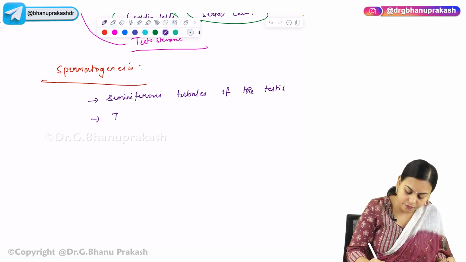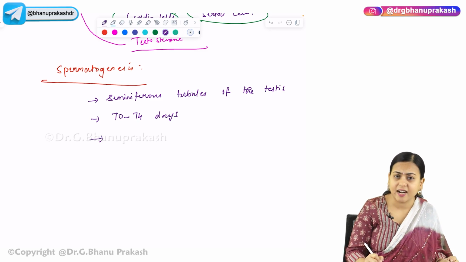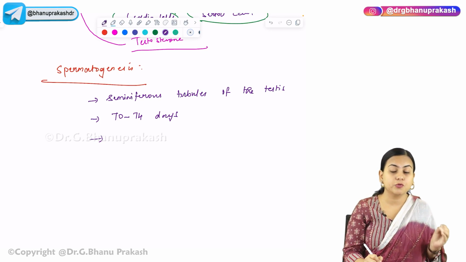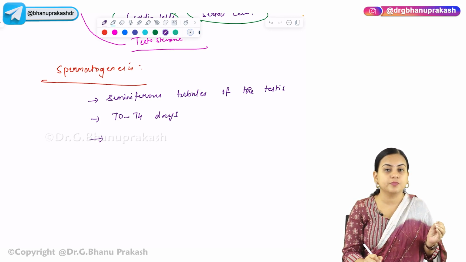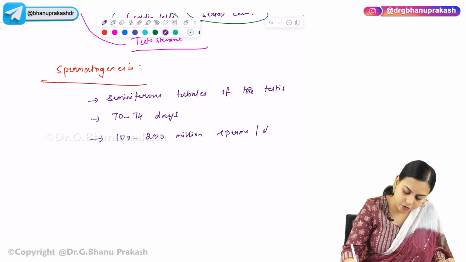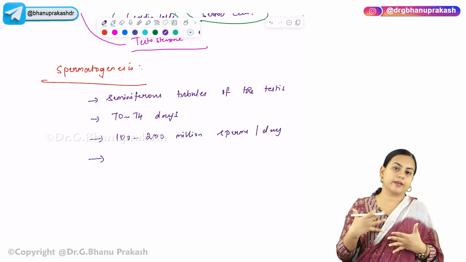How many days is it going to take? It takes 70 to 74 days, and an adult male is going to produce about 100 to 200 million sperms per day. And it is not only about the production of sperms.